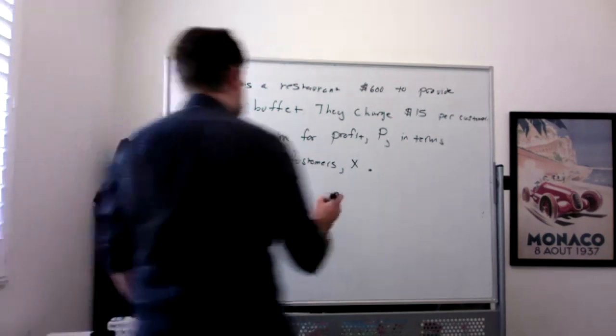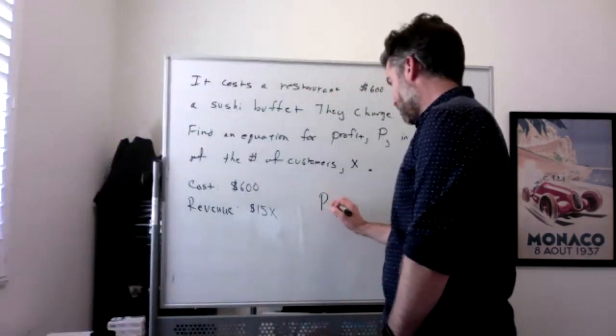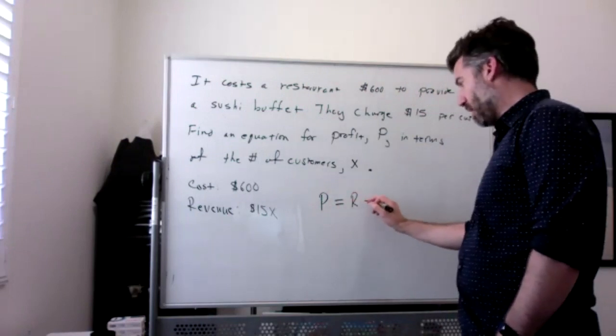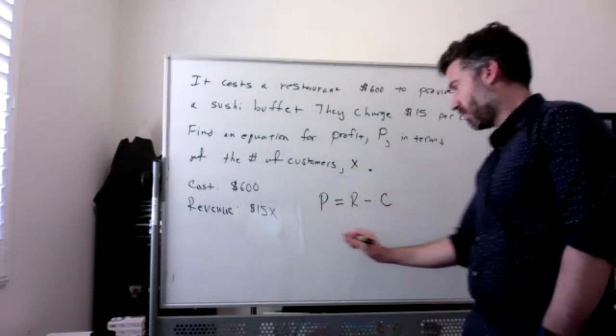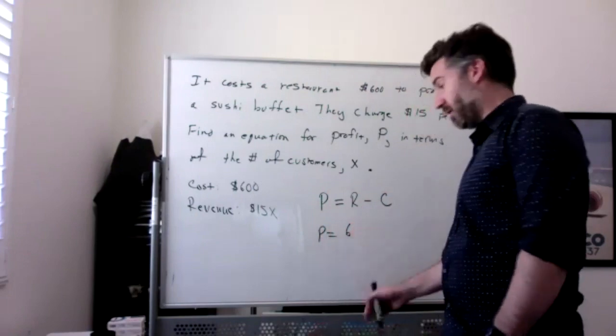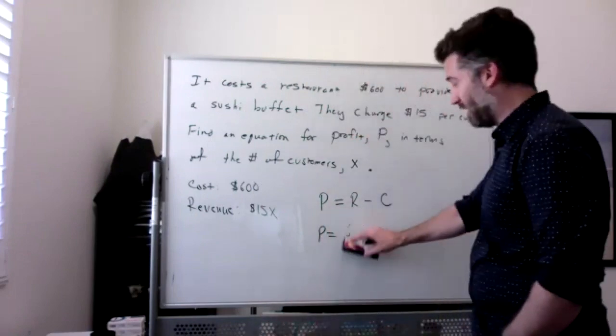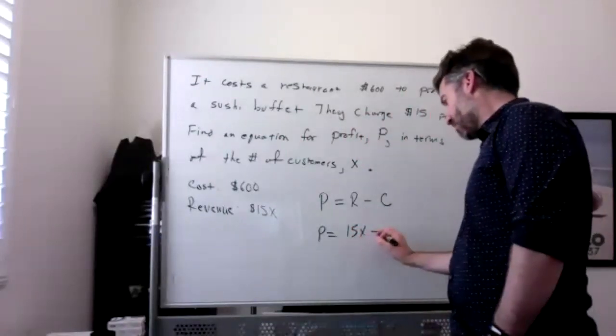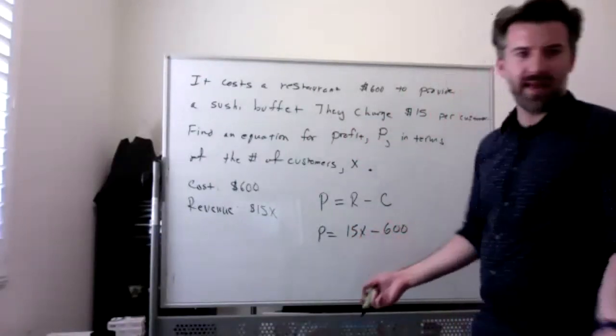And then the profit is going to equal the revenue minus the cost, which in this case is going to be 600. That's not the revenue. 600 is the cost. It's going to be 15x minus 600. And yes, I left off the dollar signs.